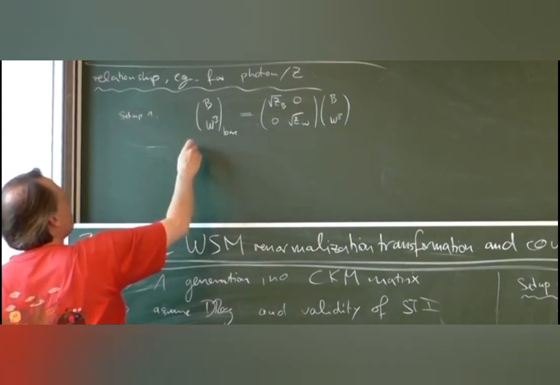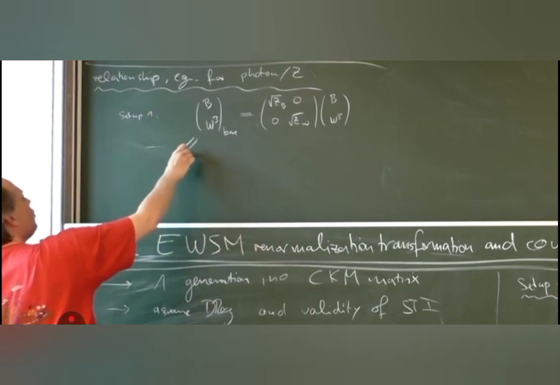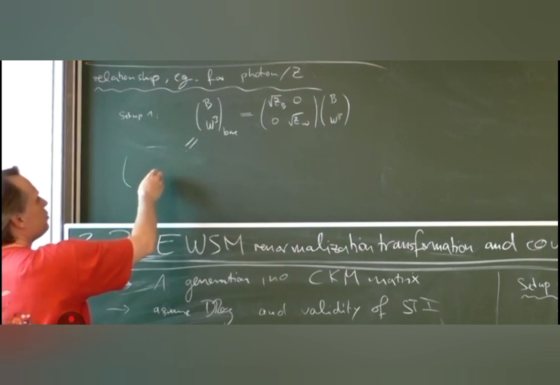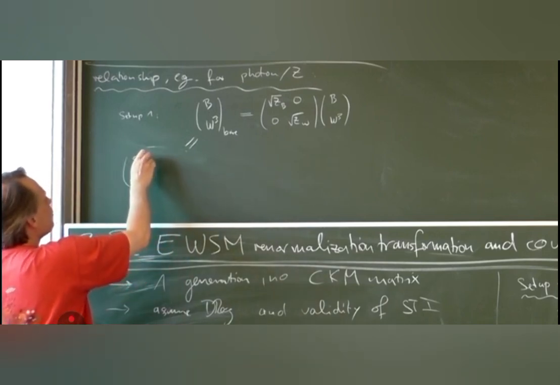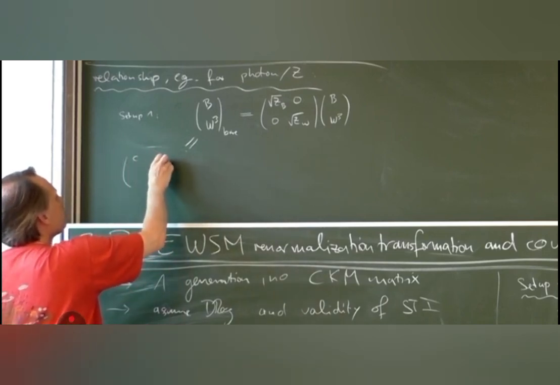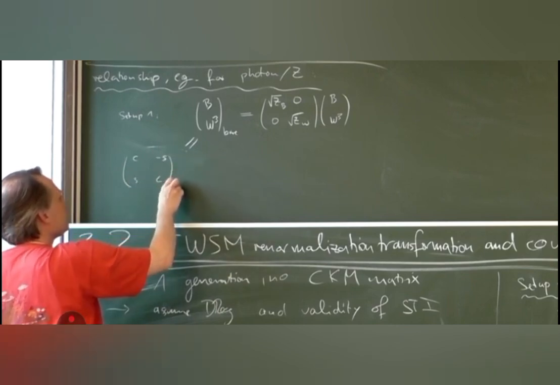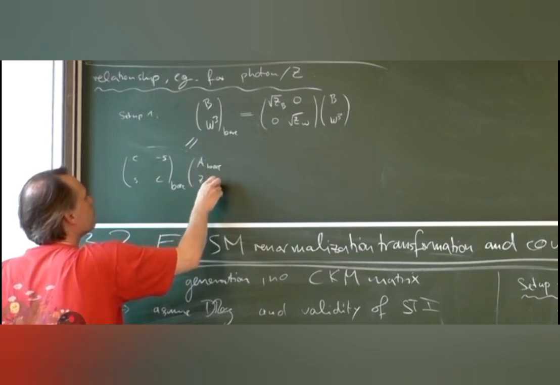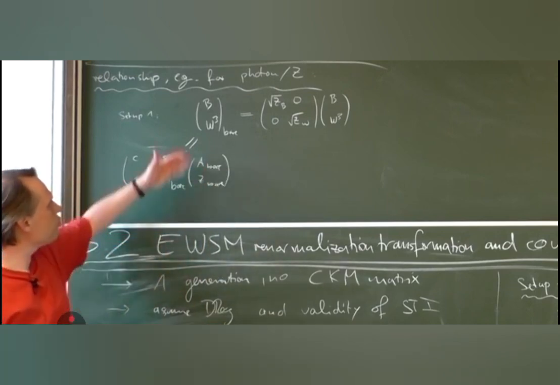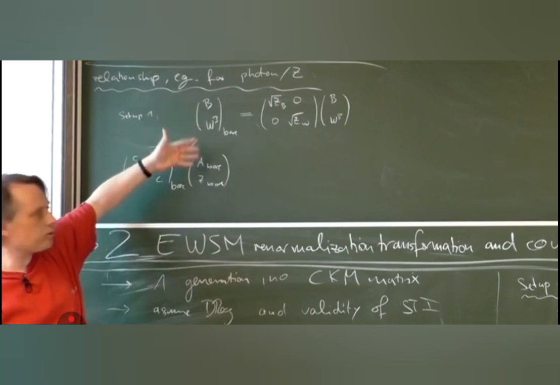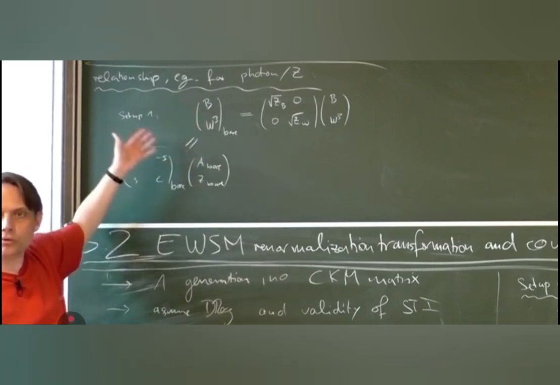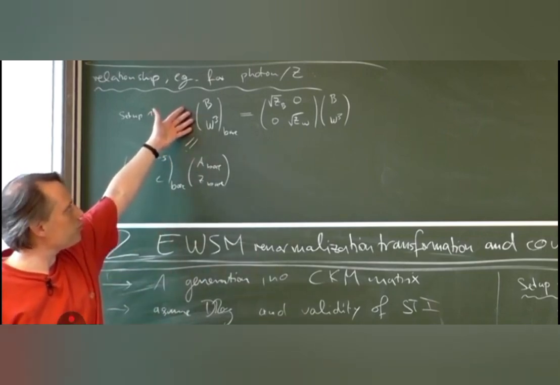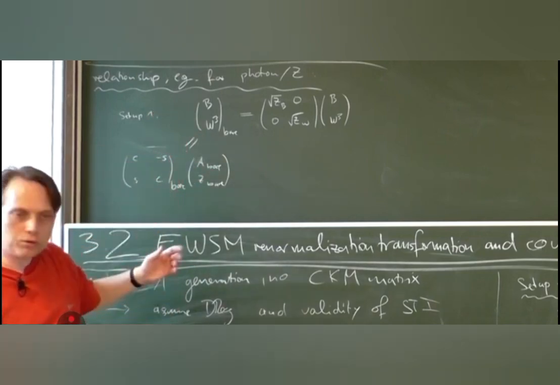But now you can say that this is equal by definition to what we have done in the lecture, but promoted to a bare form, so that we would have cosine, minus sine, sine, cosine, bare, times the bare photon and the bare Z field, and you can simply replace that object in the Lagrangian by this, and since it is set equal, there is no change, and if this is the correct form of the Lagrangian, then after that replacement it is still correct.